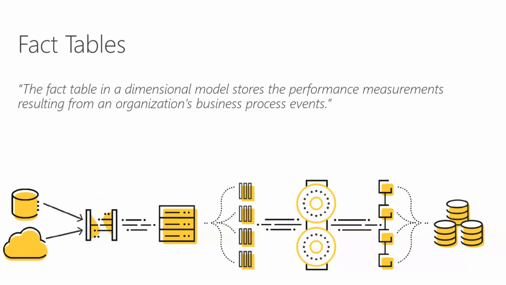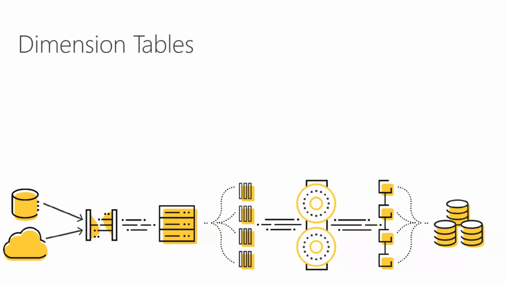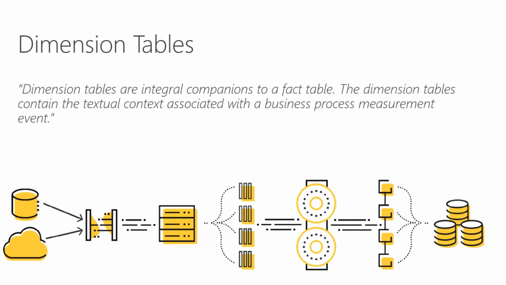Then afterwards, we have the dimension. Right. Dimension is like an aspect of looking at a fact table, right? Basically, dimension tables consist of all the descriptive text and the descriptive content that adds meaning to the fact tables. So let's quickly look at how it is quoted in the Data Warehouse Toolkit book.